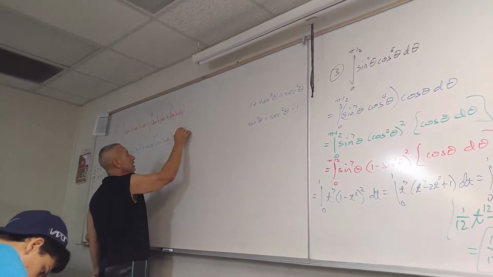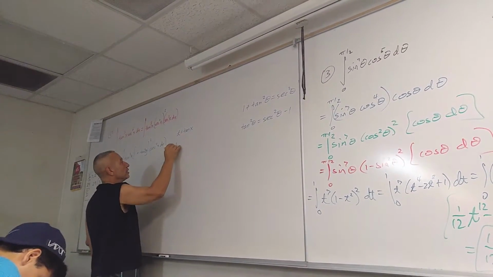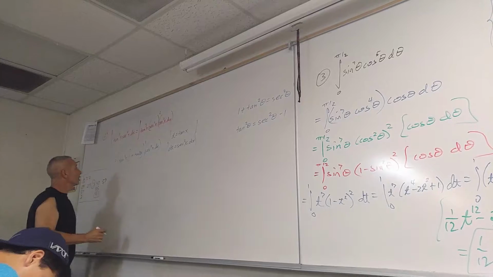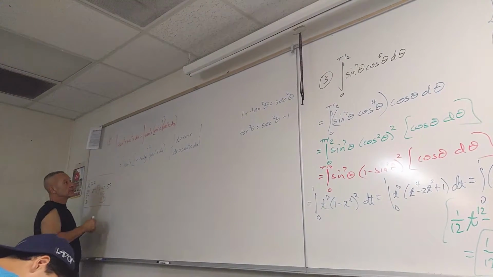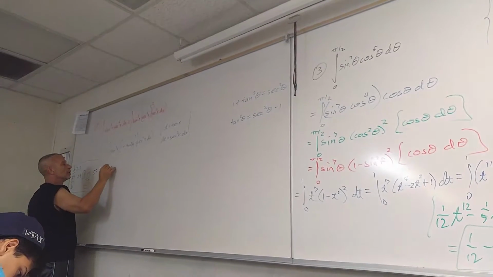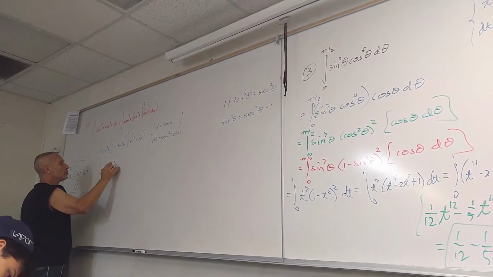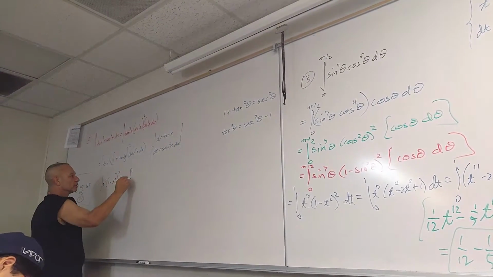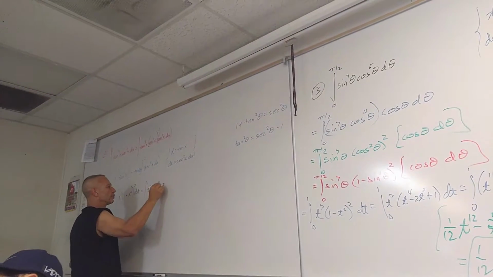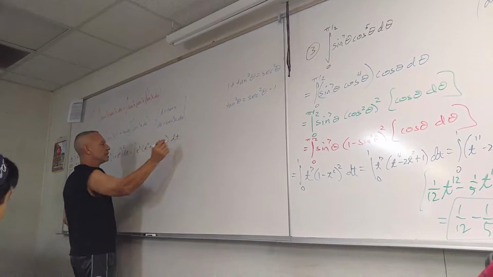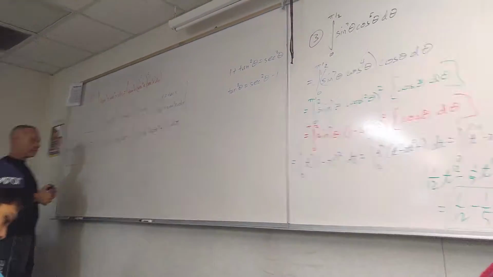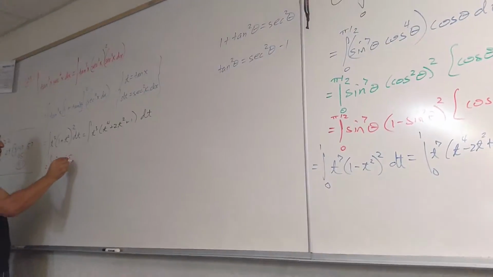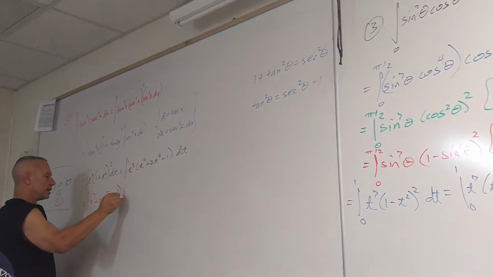So let's let t equal tan x, then dt is secant squared x dx, and this now all becomes the integral of t cubed times (1 plus t squared) quantity squared dt, which is the integral of t cubed times (t to the fourth plus 2t squared plus 1) dt, which is t to the 7 plus 2t to the 5 plus t to the 3, all dt.